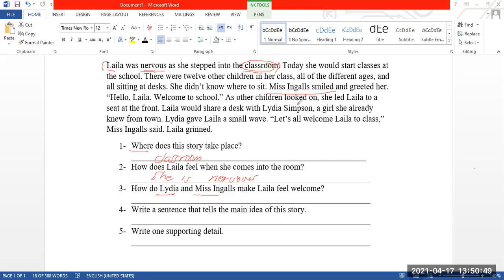As other children looked on, she led Layla to the seat. Layla would share her desk with Lydia Simpson, a girl she already knew from town. Lydia gave Layla a small wave. Let's all welcome Layla to class, Miss Engels said. So both welcomed her.